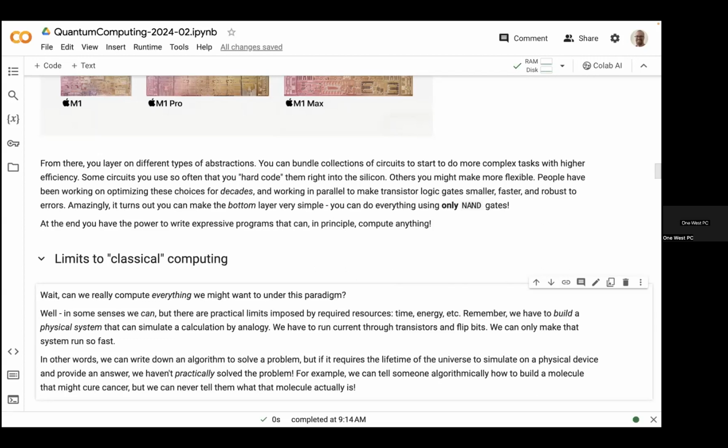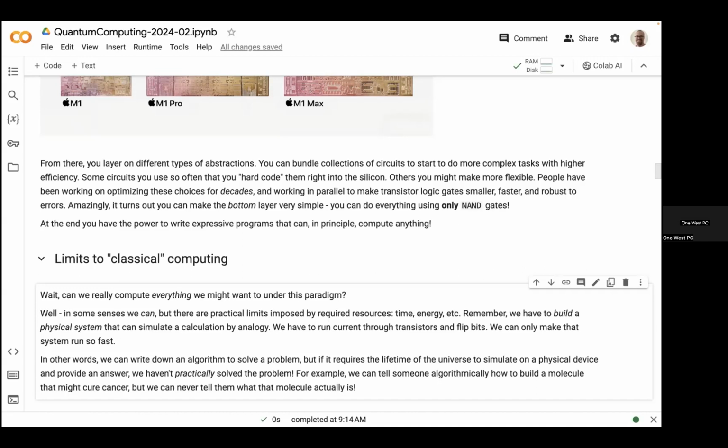And so we could run into problems because there's a physical limit to how fast we can move these things around, right? And that turns out to be a big problem because you can write down an algorithm, right, to solve some problem. But if it requires like the lifetime of the universe, for instance, to actually run the little electrons around, you haven't really solved it, right? That's sort of like on your homework.